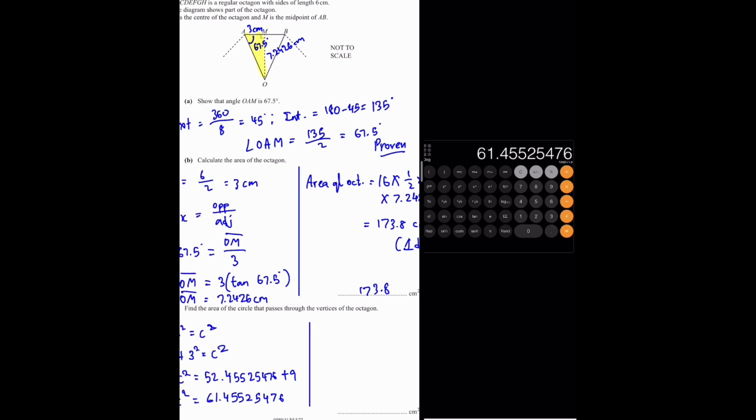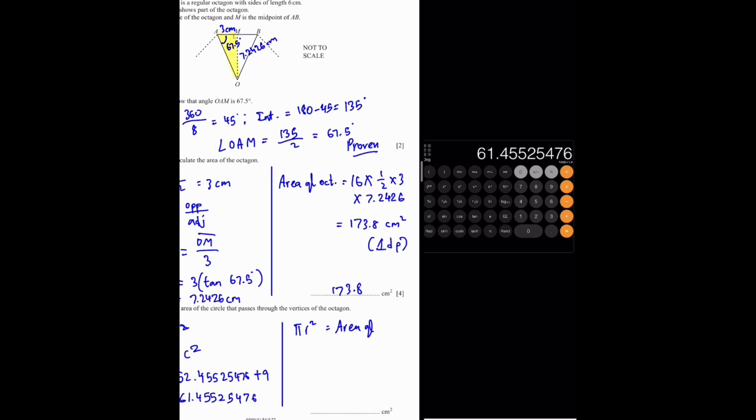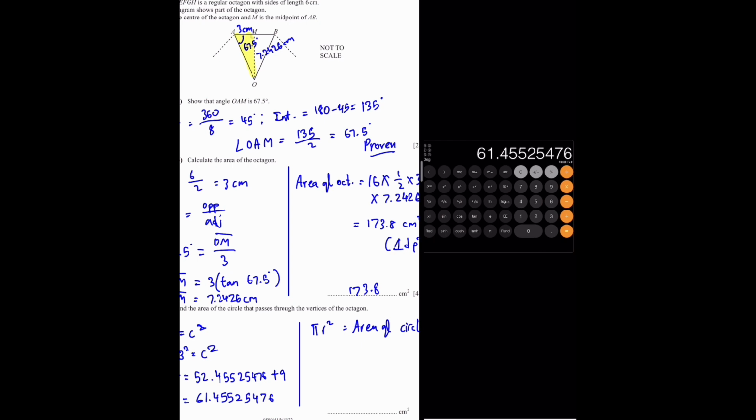So now to find the area of the circle, we get pi r squared as the area of the circle. Now we can replace this r with a c, because c is the side of the right angle triangle, which is actually OA, or it's the hypotenuse.